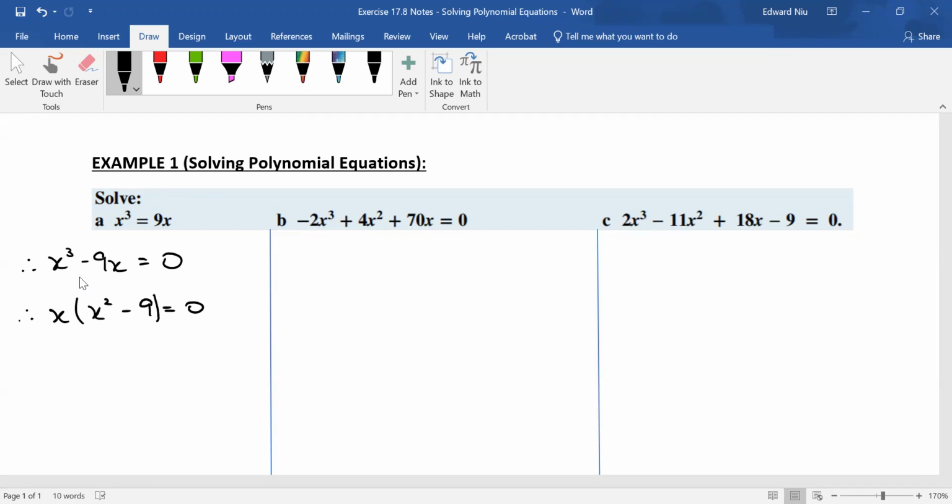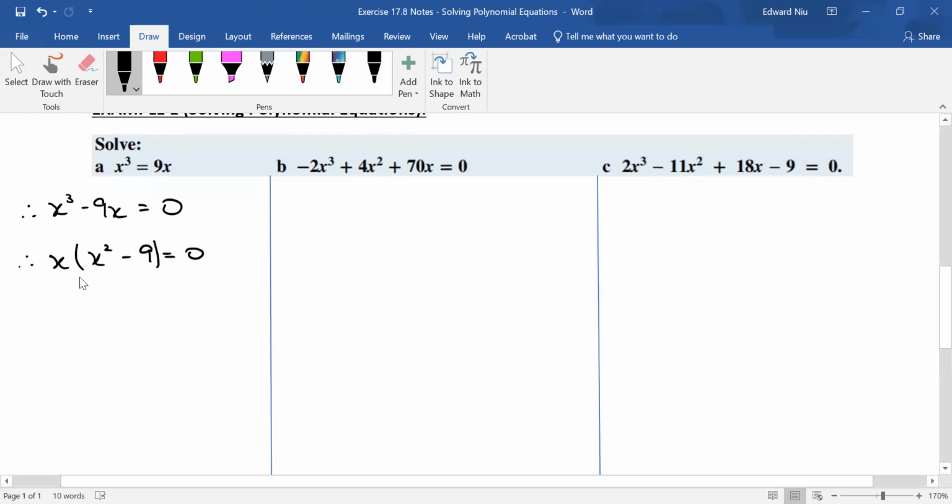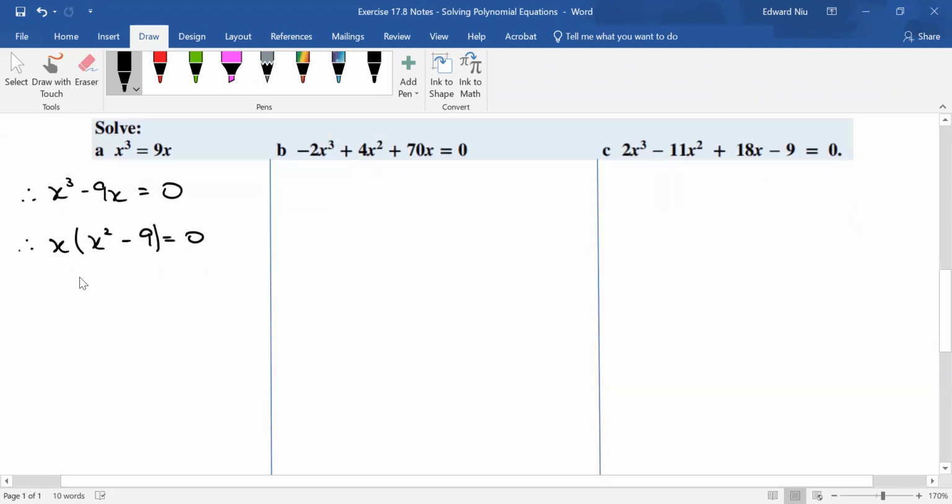Okay, so once we've got this, this is a difference of perfect squares, because of the 9 being a perfect square, and then we don't have an x to the power of 1 term in the brackets. So we can essentially split this into, well, the x just gets carried down. We're going to have an x plus 3.